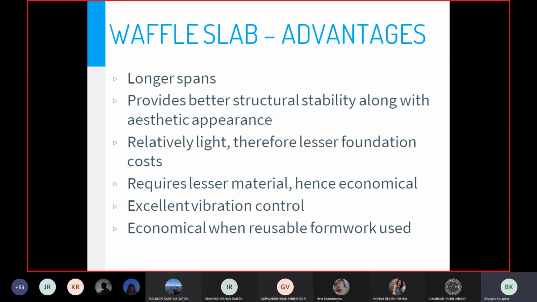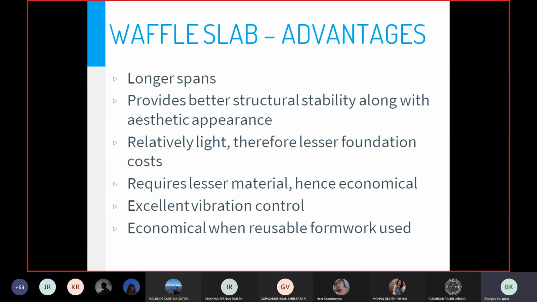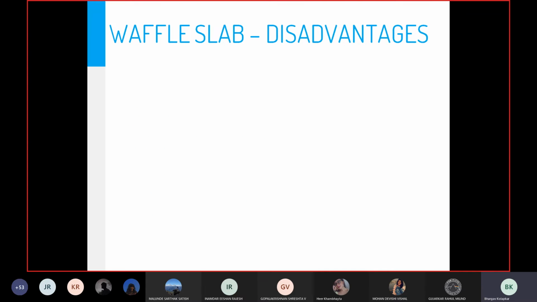It requires less material, as you have seen: about 30% less concrete and 20% less steel as compared to a flat slab. Then excellent vibration control, and perhaps it is economical. We can say that it is economical only when reusable formwork is used. If there's a really complicated arrangement that requires custom formwork, then it is going to be really expensive.